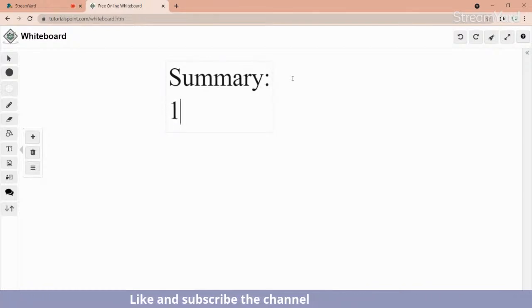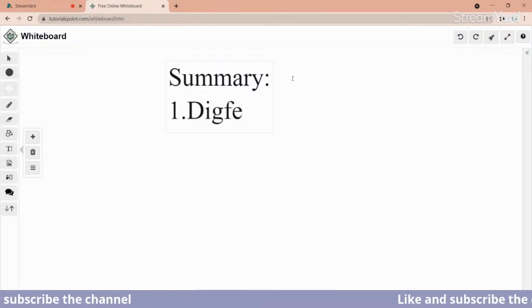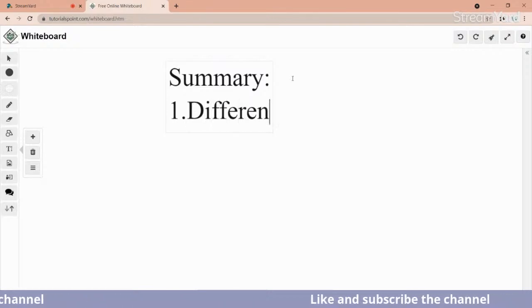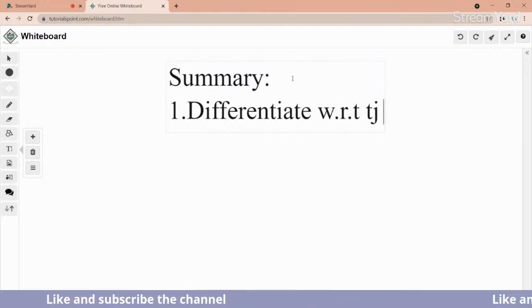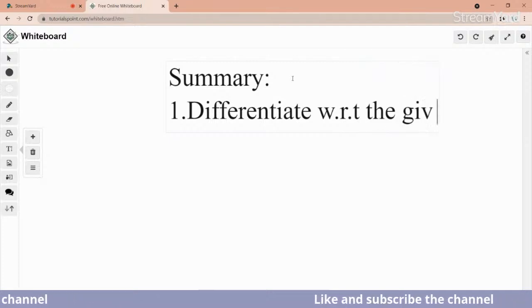So step 1 is differentiate with respect to x the given function.